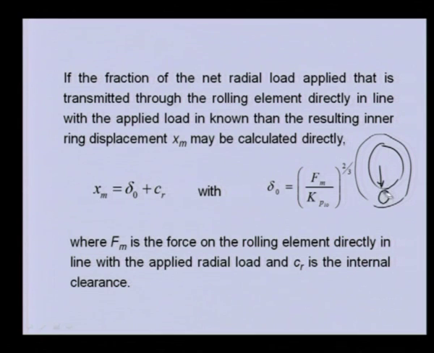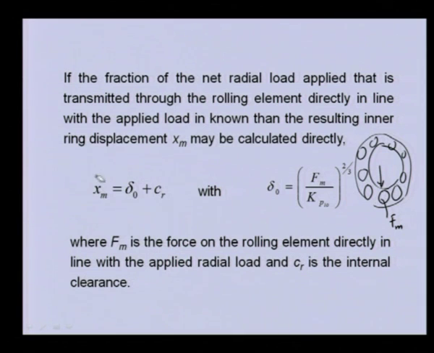If we can find out the load shared by this particular rolling element, because this load changes with the angular position of the ball, let us say the load shared by this rolling element is Fm. If we can obtain this load, then it is easy to obtain the load distribution and also the stiffness of the bearing.